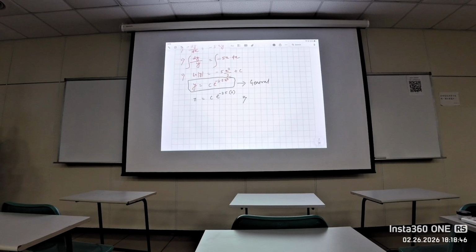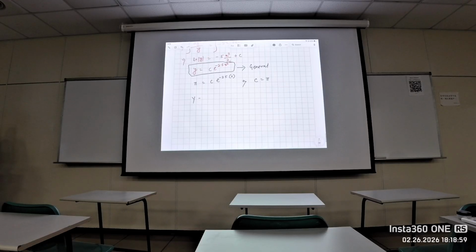That gives us c is equal to pi. Then what is my particular solution? y is equal to pi e to the power minus 2.5 x squared. Making sense?